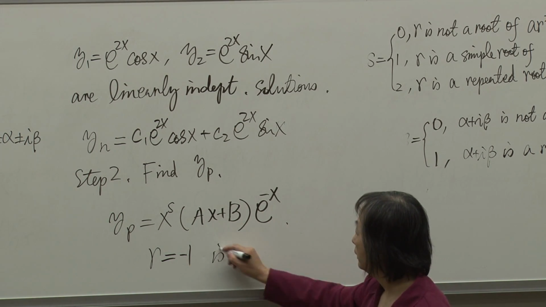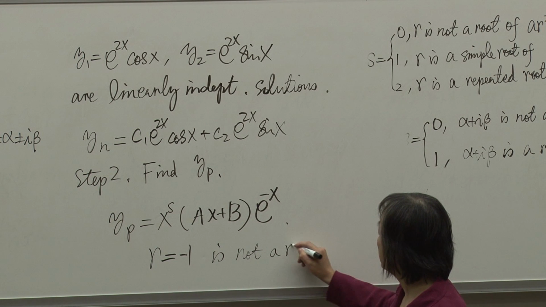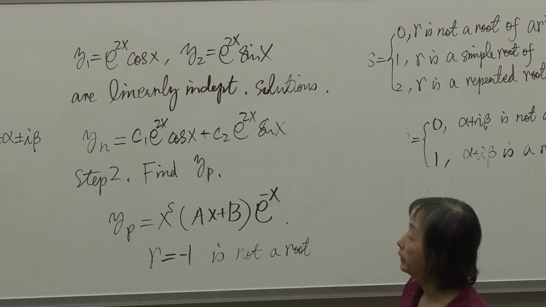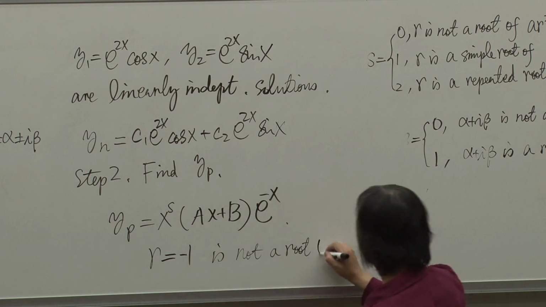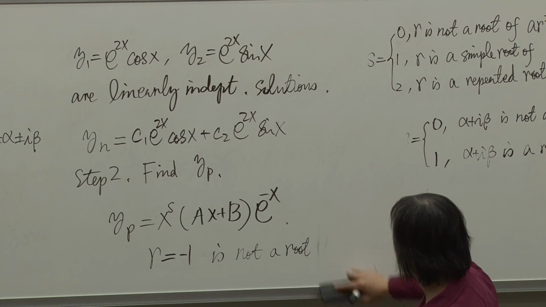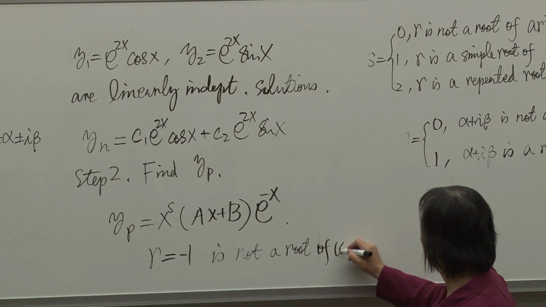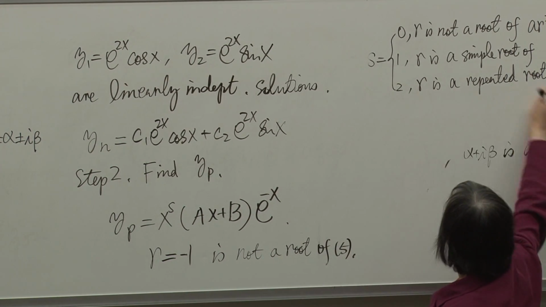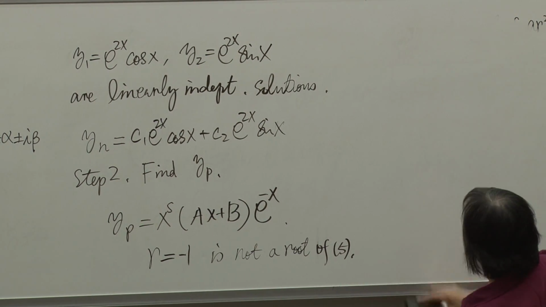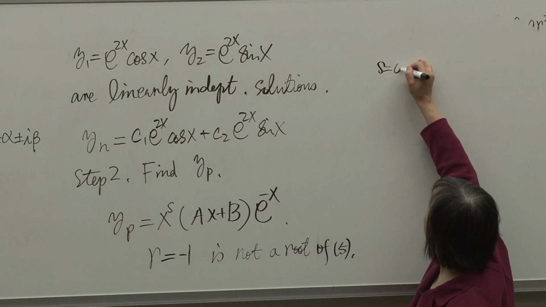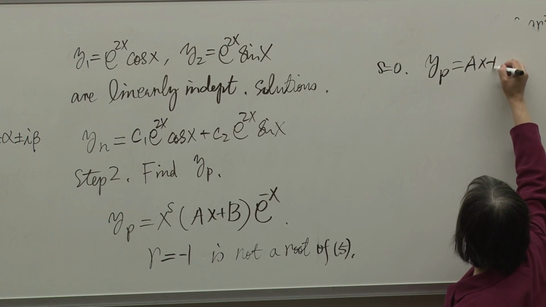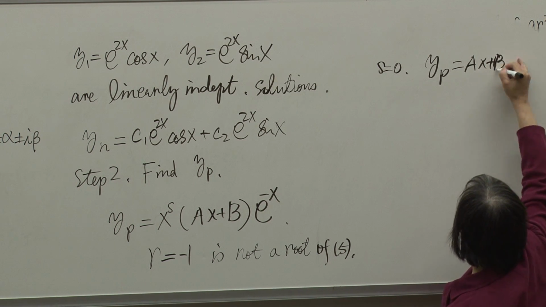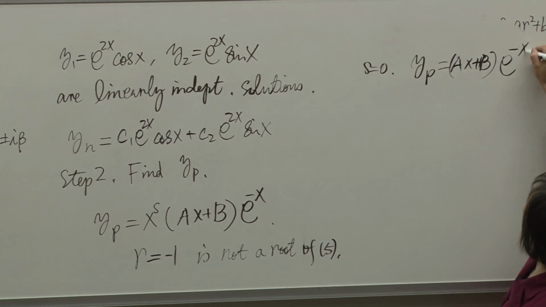Negative 1 is not a root of the auxiliary equation. Then s should be chosen to be 0. So yp is ax plus b times e to negative x.